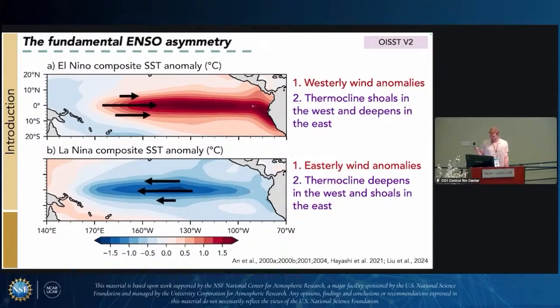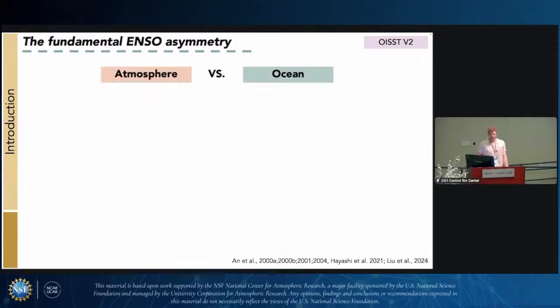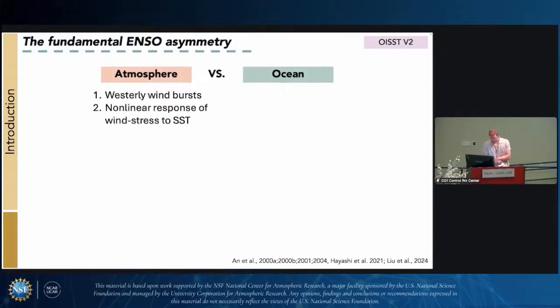And the way that they're doing that as well is that the thermocline is adjusting to those processes. So this is very hand-wavy and linear, but functionally what I want to highlight is that one of those processes, either in the atmosphere or ocean, has to account for the difference that we're seeing in El Niño versus La Niña amplitudes and spatial patterns.